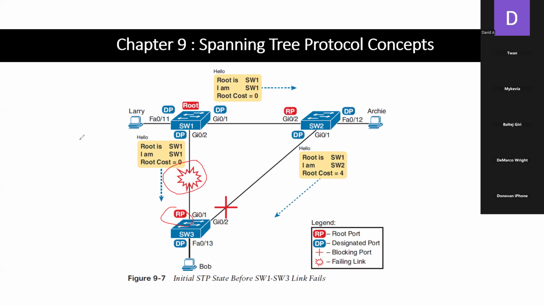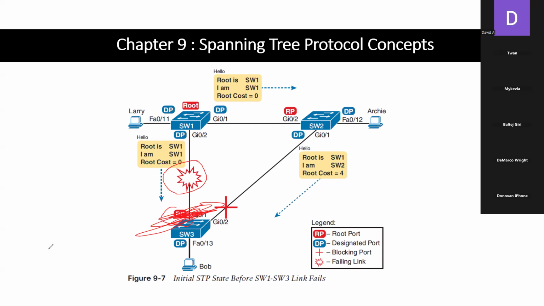That max age timer passes without hearing a hello. Once we get that, and we have an interface that failed, the switch is going to assume that hellos are not going to be arriving on that interface anymore. So this connection is out of the picture.